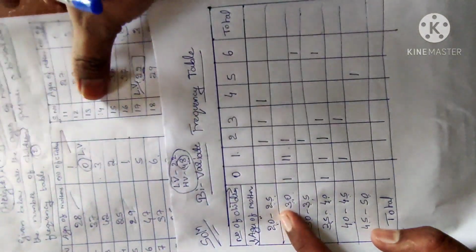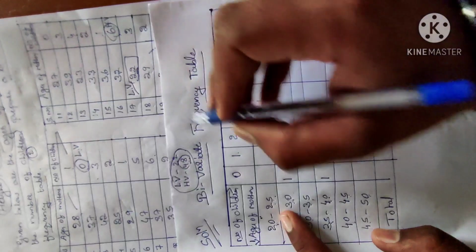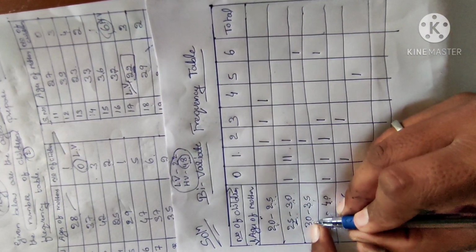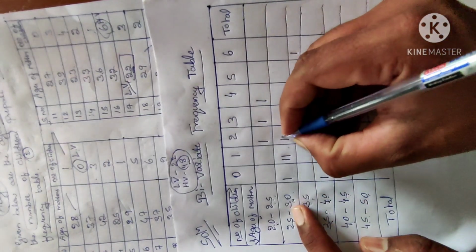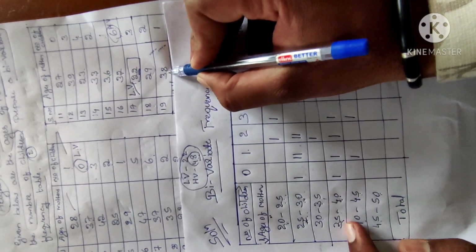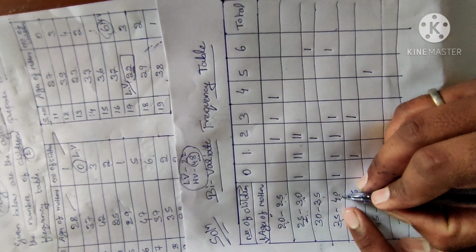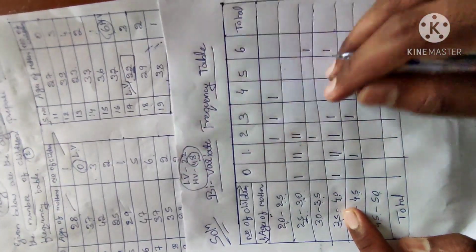Next, 18th serial number. The value is 29. 29 comes under 25 to 30. The number of children is 2. Next 38. 38 comes under 35 to 40. The number of children is 1. We should write here.